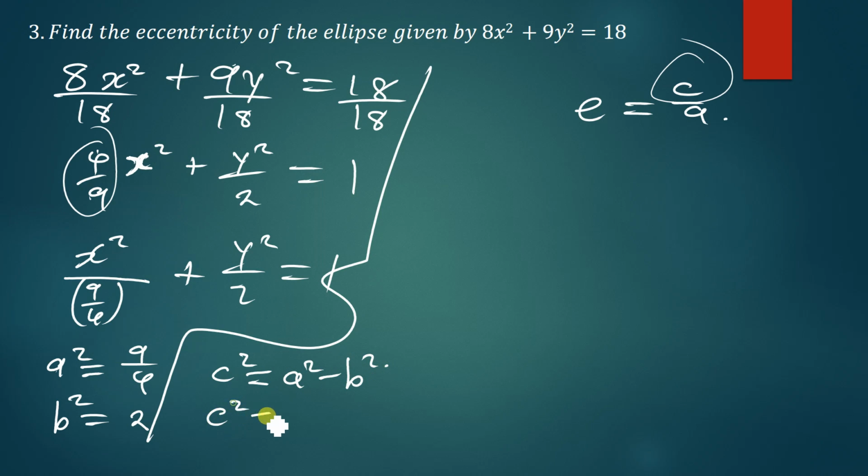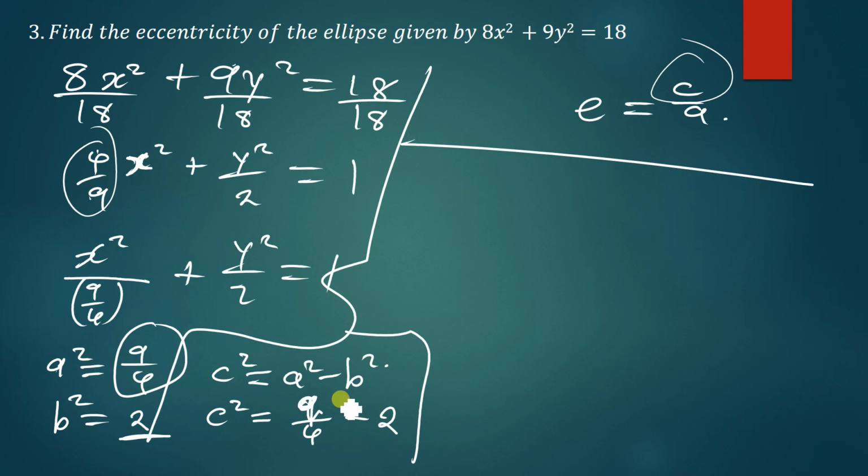So c squared is equal to, our a squared is 9/4, and our b squared is simply 2. So when you do the subtraction there, 9/4 minus 2, this will give us 1/4.